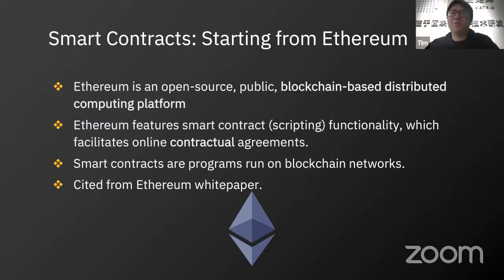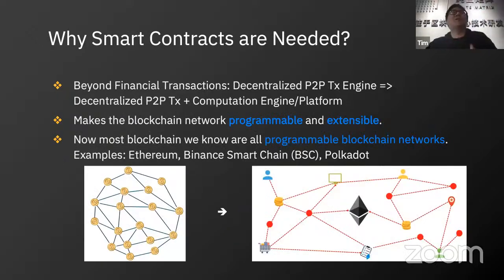Smart contracts are just programs that run on blockchain networks. So what's the difference? Why is it needed? Beyond the financial transactions, previously Bitcoin was just a decentralized P2P transaction engine. Now it becomes a decentralized P2P transaction and computation engine. So it makes the blockchain network programmable and extensible.